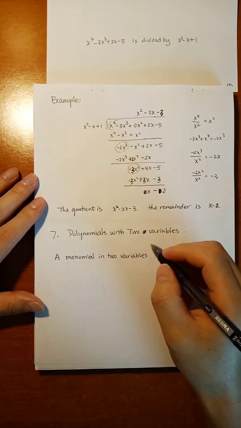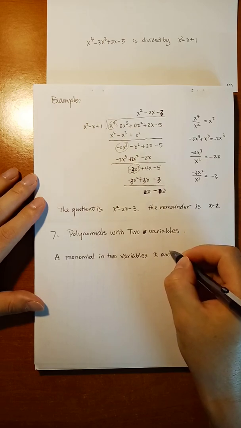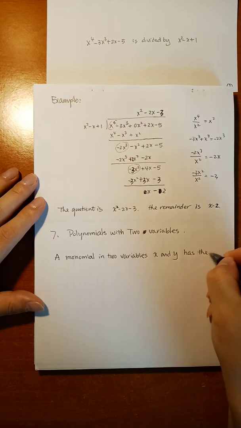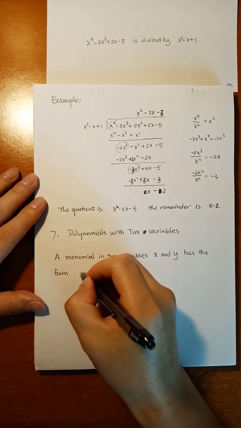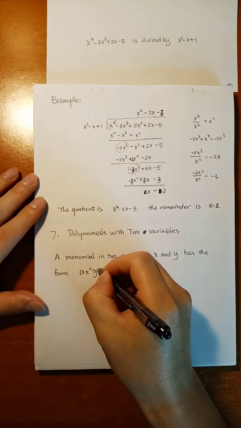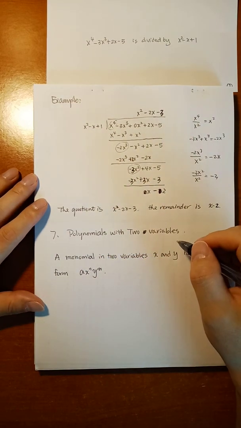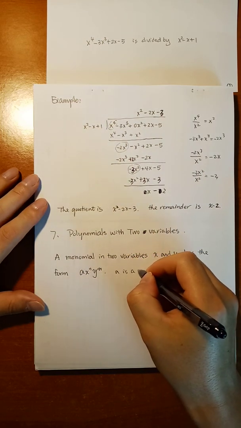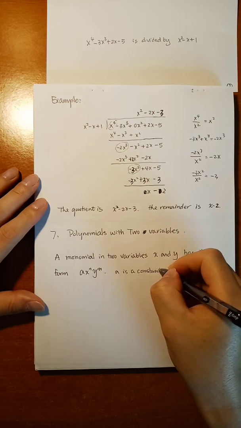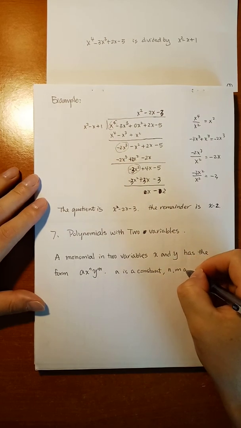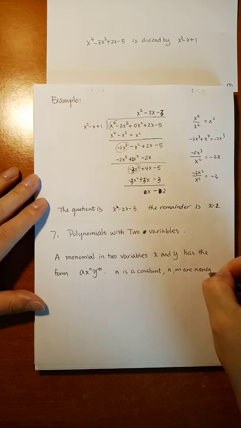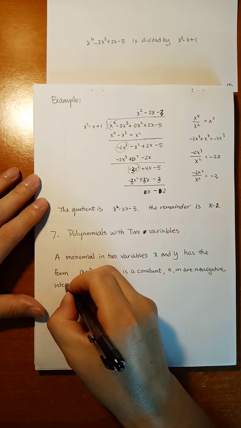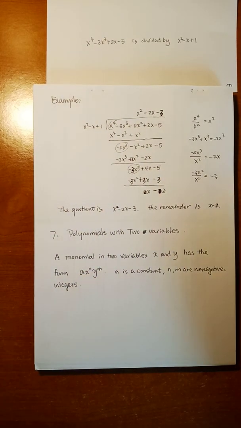A monomial in two variables, x and y, this time y also becomes a variable, has the form ax^n y^m. Here a is a constant, and n and m are non-negative integers.